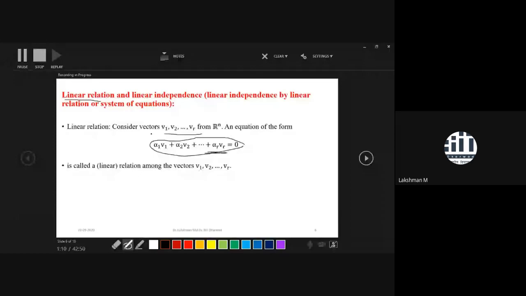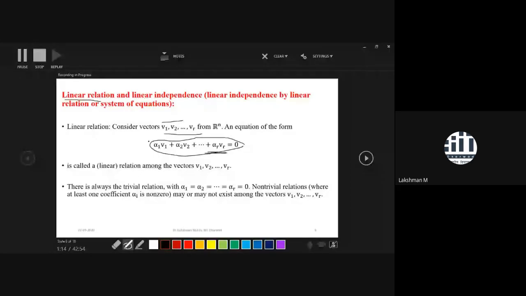It comes from these vectors. There is a trivial solution of this equation, as I already explained in the last class. You can write it with capital V as a matrix and alpha as a vector. Capital V is the matrix having the first vector v1 as the first column, v2 as the second column, and so on up to the rth column.